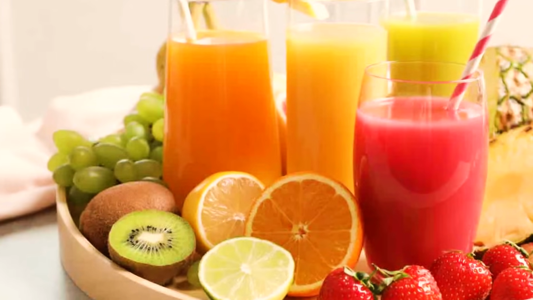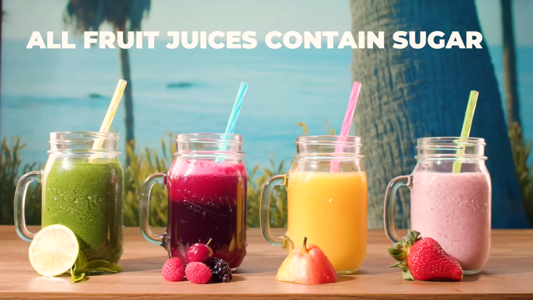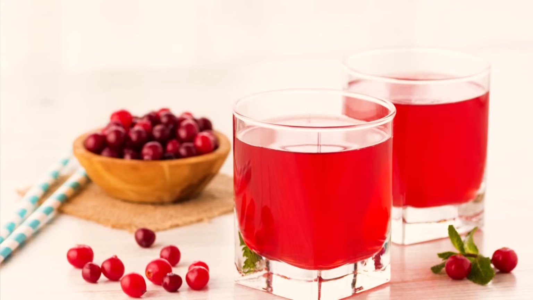Don't fall into that trap of thinking juices with no added sugar or juices with natural sugars are healthy. Simply put, all fruit juices contain high levels of sugar. Whether you're having apple juice, orange juice, or cranberry juice, they all contain high levels of sugar.